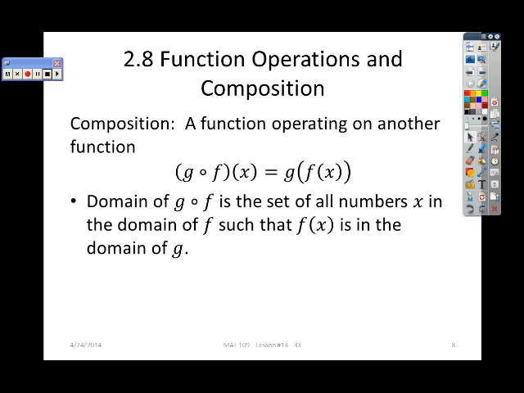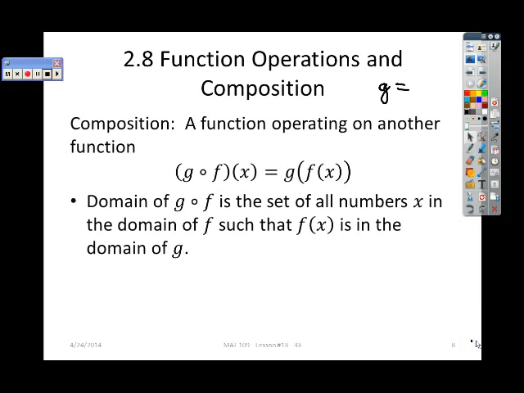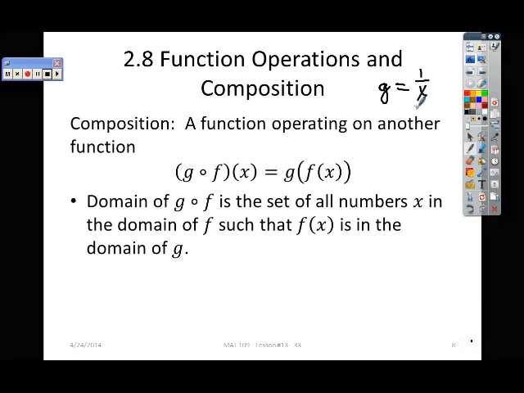So let's suppose that we had g was 1 over x.